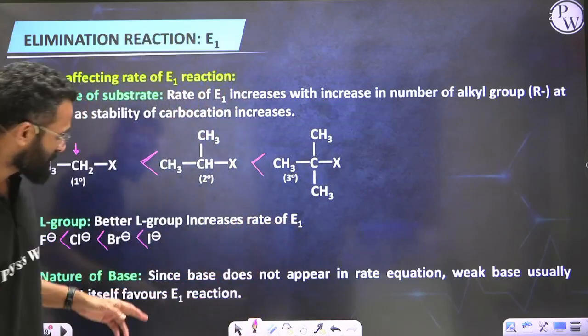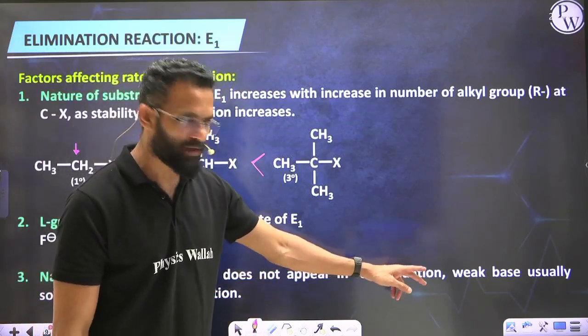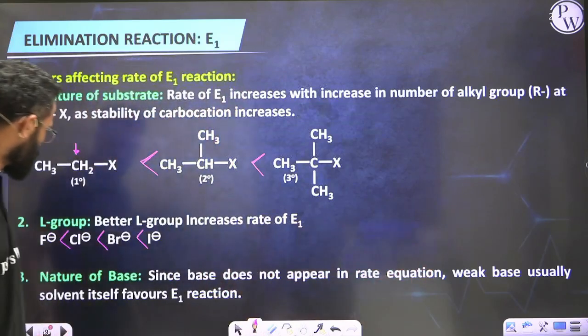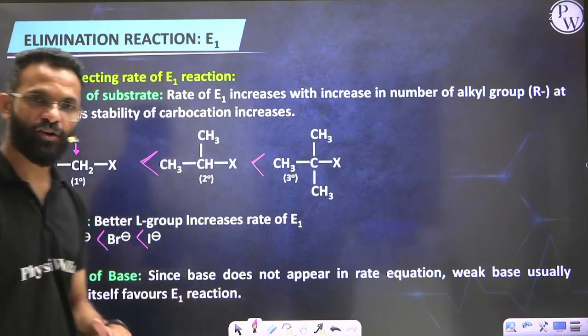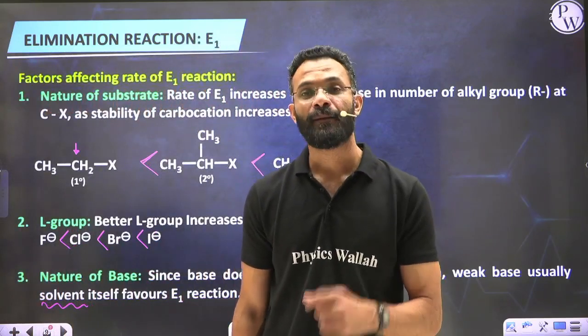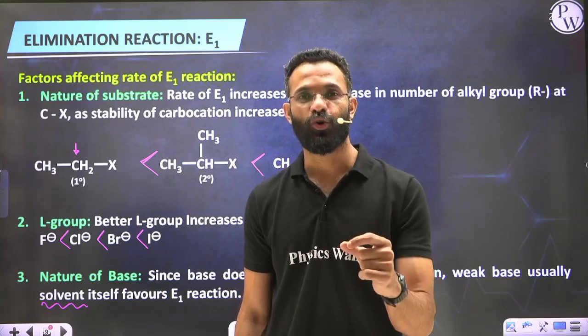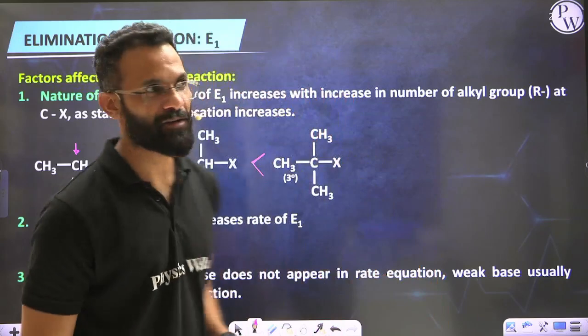So since base does not appear in the rate expression, a weak base, usually the solvent itself, favors the E1. And what kind of solvent do we want? That's going to be the next factor. Yes, we always want polar protic solvents so that it helps the dissociation of a carbon leaving group bond.